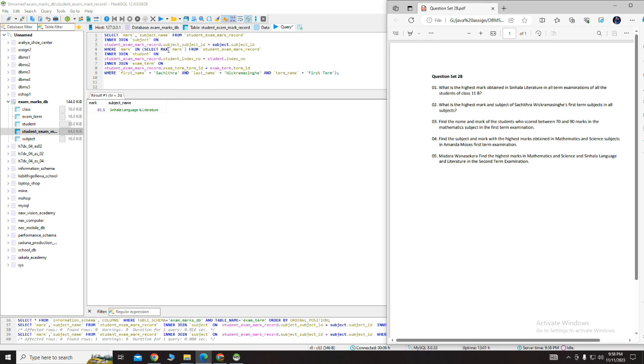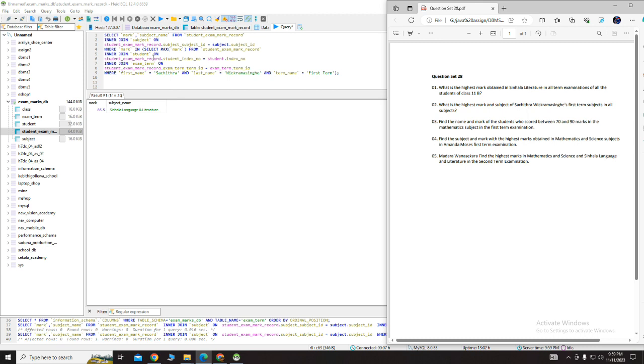First we are finding the maximum mark using the max function by inner joining the student exam mark record table with the student and exam term tables using the relationships among their table columns, and providing the conditions as the first name should be Sachitra, last name should be Wickramasinghe, and the term name should be first term.